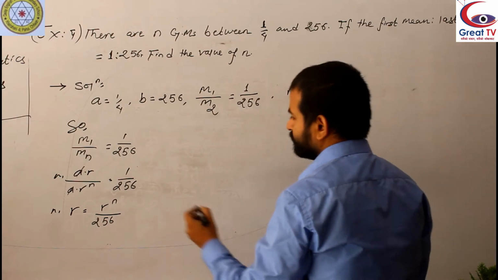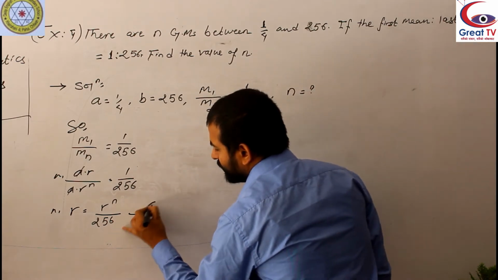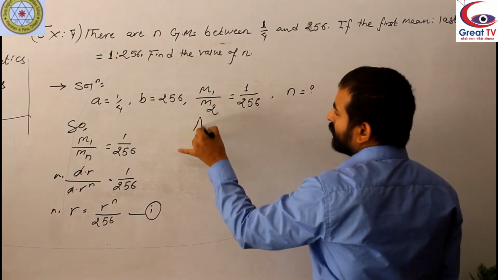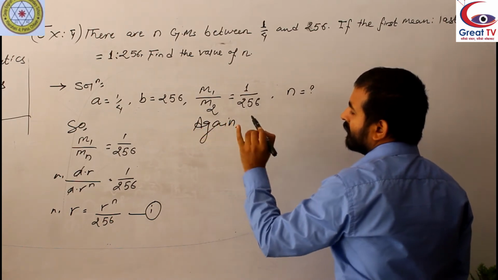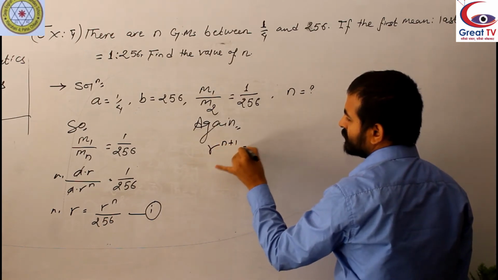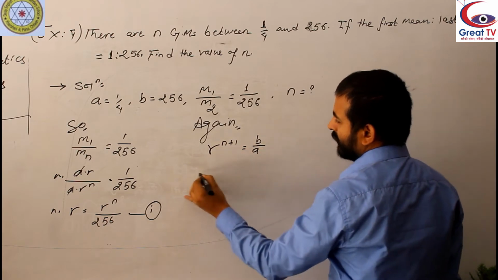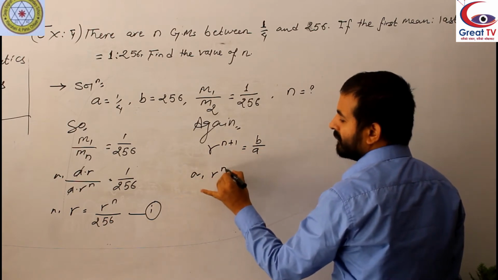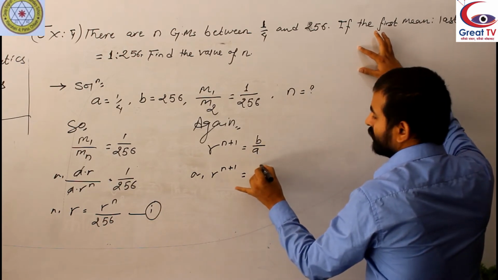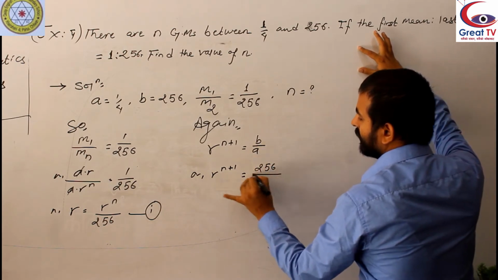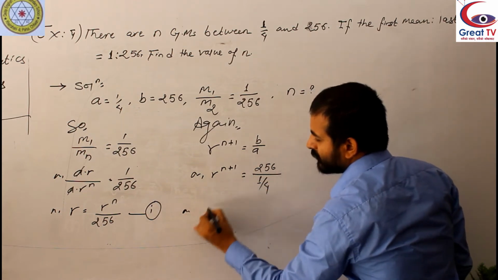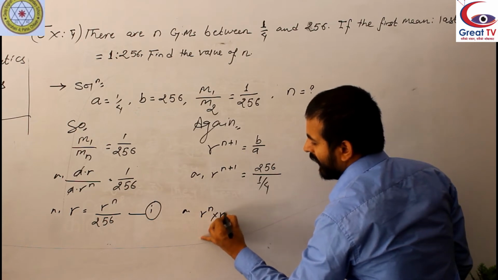Okay. Now this is the first equation that we obtained from the first condition. Again we have one formula to find the common ratio, that is r^(n+1) equals b by a. Don't forget this. Now b by a means 256 by 1/4. Now r^(n+1) means r^n into r.